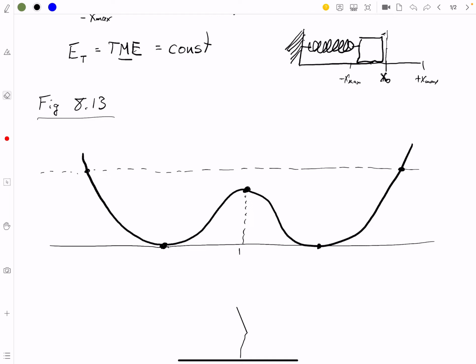But what about with friction? Well, I don't even know if we want to talk about with friction yet. Let's talk more about these regions.